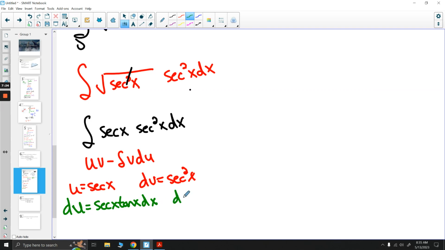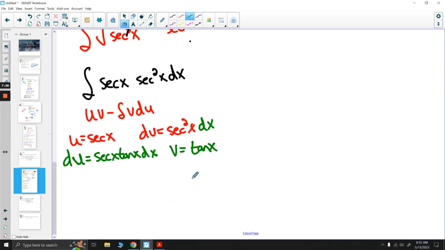And our v is going to be tangent x. Okay, so uv is going to be secant x tangent x.